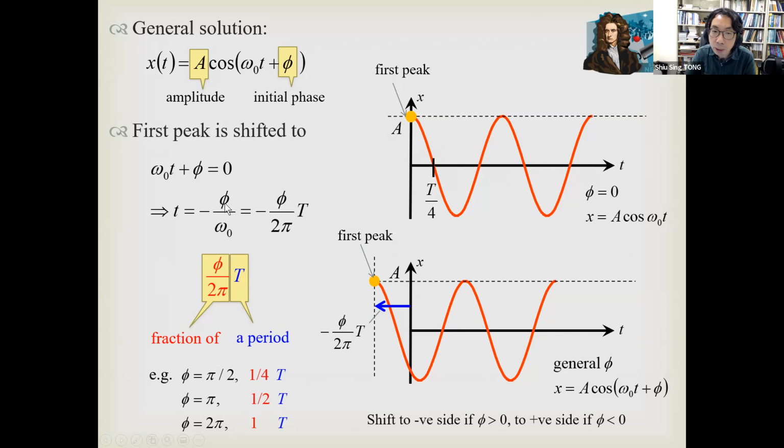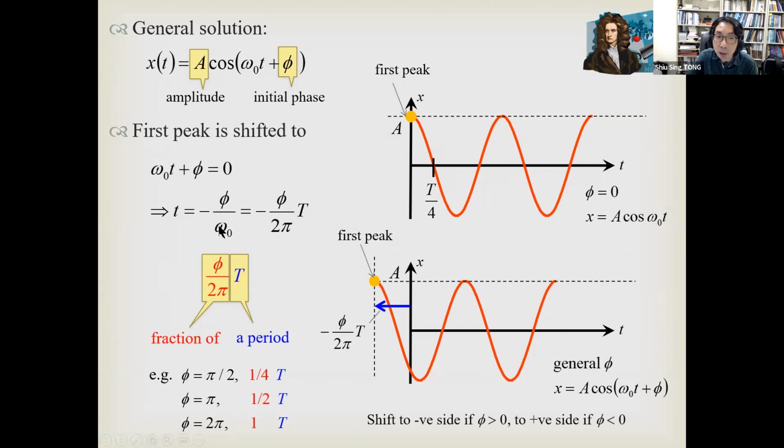Now, if I assume in this diagram that phi is positive, then t equal to minus phi over omega naught is a shift of the first peak in the negative direction, because of the negative sign here. So that amounts to a shift of the first peak from 0 to a certain point in the negative t direction. So how much is this?